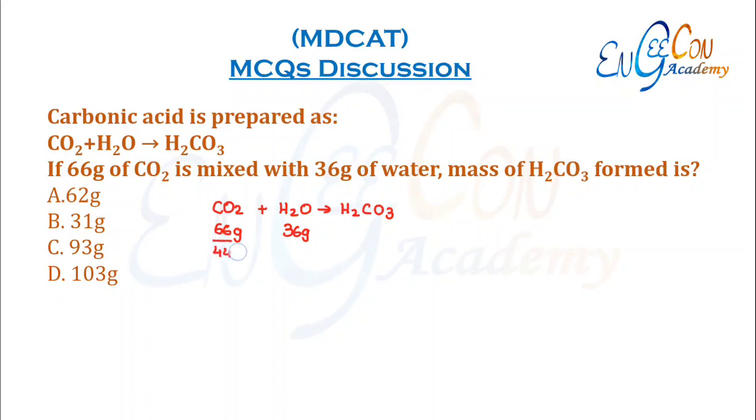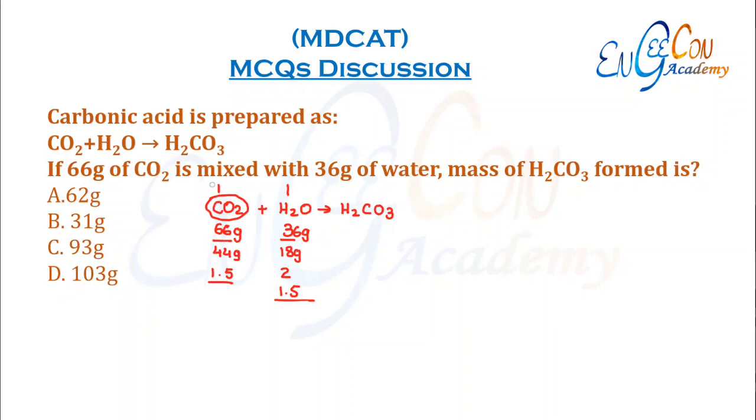So we divide each of them by their molar masses. It equals 1.5 moles and it equals 2 moles. According to the balanced chemical equation, 1 mole of carbon dioxide reacts with 1 mole of water. So 1.5 moles of carbon dioxide react with 1.5 moles of water. We have 2 moles of water, which means water is in excess. So carbon dioxide is the limiting reagent.